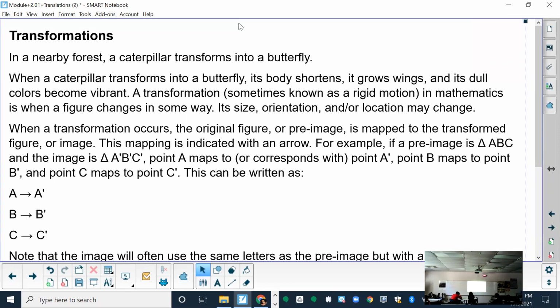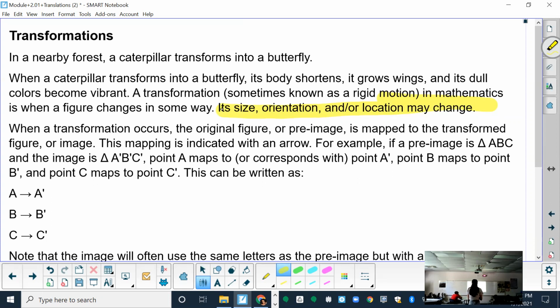But in math, when we are talking about transformations, we're talking about a figure, so maybe a triangle, maybe a square, maybe a rectangle. In math, we're talking about its size, orientation, or location changing. So maybe it moves to the left, maybe it moves up, down, maybe it got 2 times bigger. All right, so that would be a transformation in math.